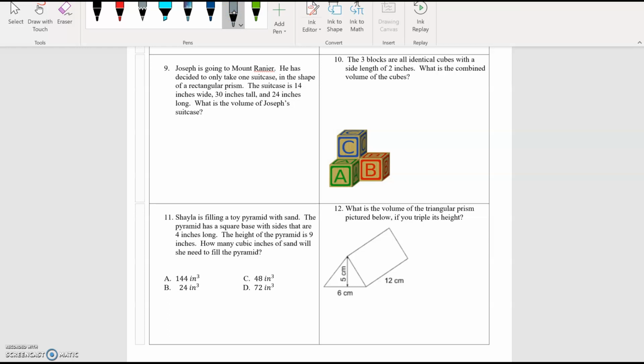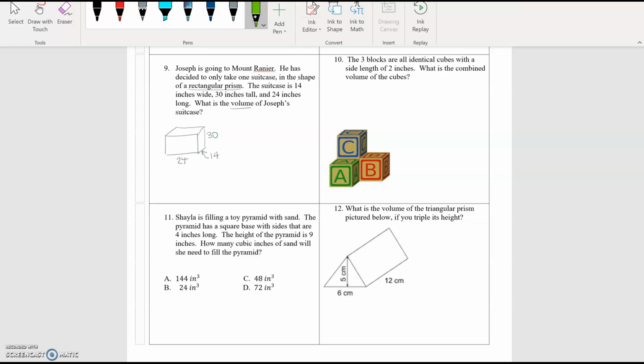He says he's going to Mount Rainier. He's decided to take only one suitcase in the shape of a rectangular prism. So a rectangular prism, draw your picture. Okay, it is 14 inches wide. So here we go, 14 inches wide, 30 inches tall, and 24 inches long. Okay, what's the volume? So there's that one.